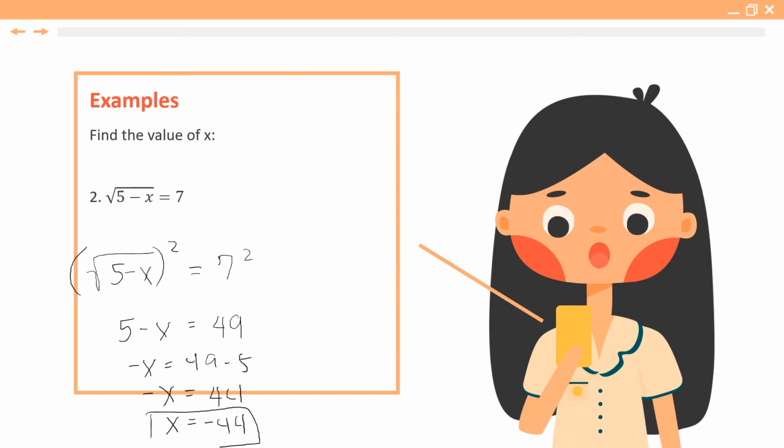Therefore, our answer is x equal to negative 44.